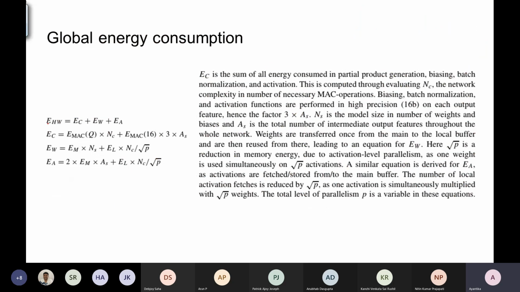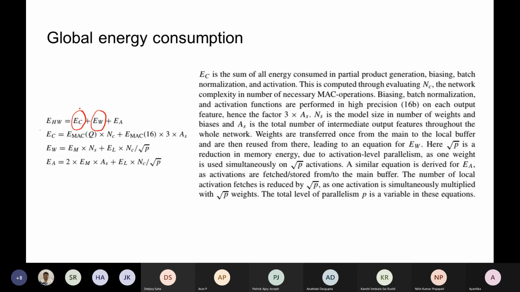When we talk about hardware computations, we have some energy consumption. We are accessing some weight, fetching some weight, using and storing weight. Basically, for weight we should consider fetching and reusing.